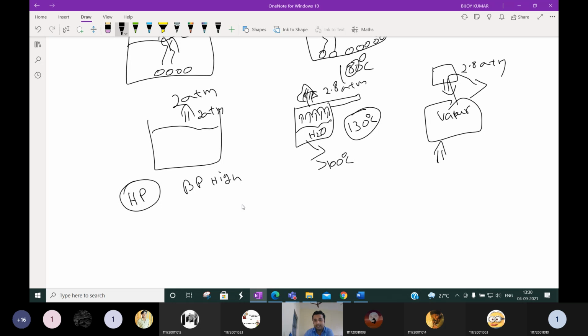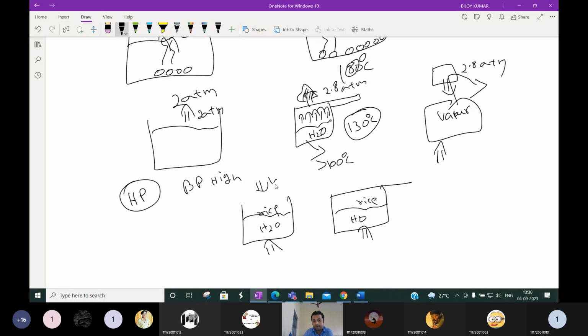Okay, so my question is, suppose we took two things. The rice we are preparing, one in an open pan, one in a pressure cooker. Same amount of water you take, same amount of rice you take. You heat both the things. You know that here the pressure is 1 atmosphere, here the pressure is 3 atmosphere, because we are using a pressure cooker.